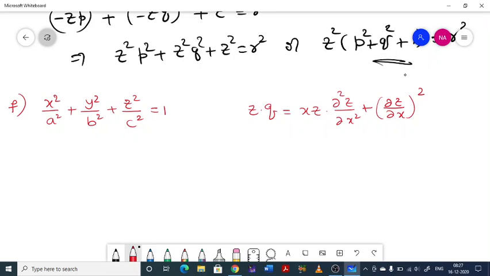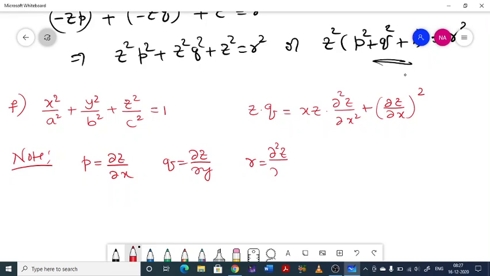We'll consider one more. See, one more important point I have to note down here. We have these notations: p equal to dou z by dou x, q equal to dou z by dou y, r stands for dou square z by dou x square, s stands for dou square z by dou x dou y, or dou y dou x, you can interchange these two, and t stands for dou square z by dou y square.